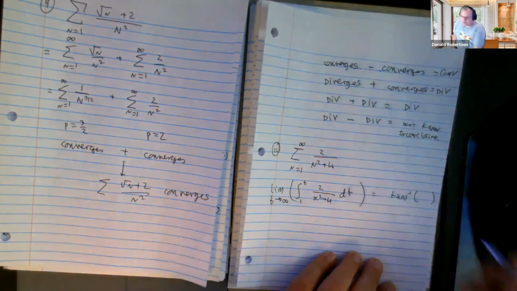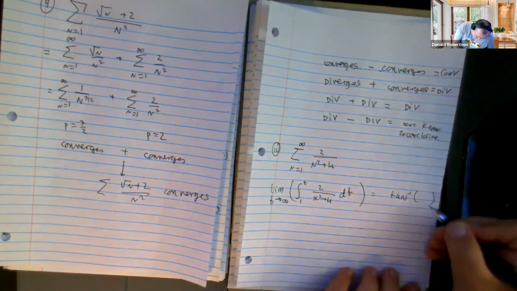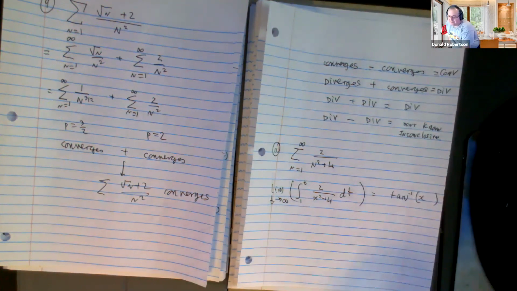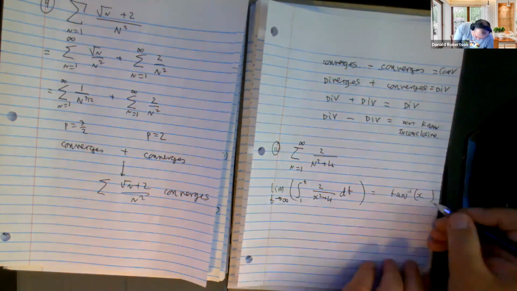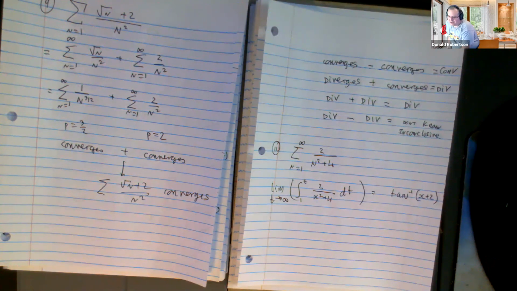Anybody want to have a guess at what the x squared plus 4 gets you? x plus something. You may have to go and look at standard integrals in a bit, since we're running short of time. Can I tell you it's x plus 2? If it was x squared plus 9, it'd be x plus 3, and so on.